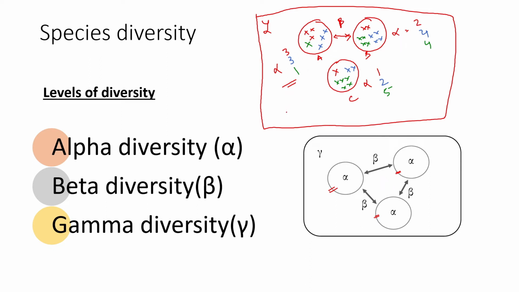There are 6 reds, 9 blues and 10 greens. So that is the entire gamma diversity of that region. We are talking about 3 species with this much abundance. This is what gamma diversity is.